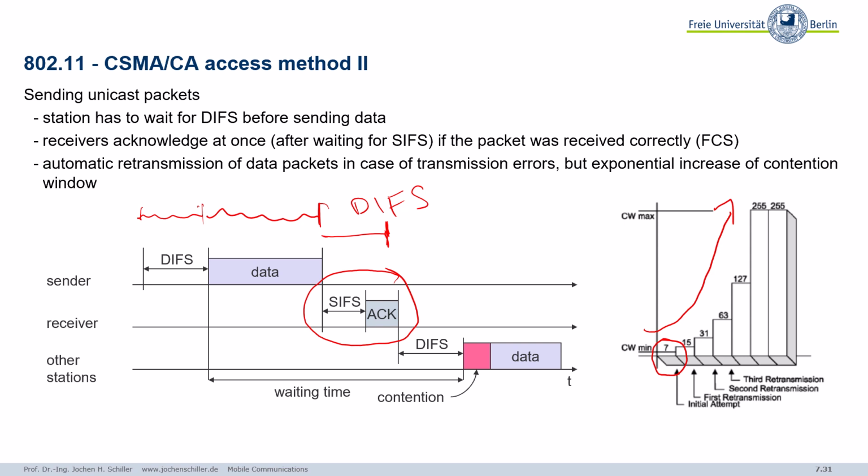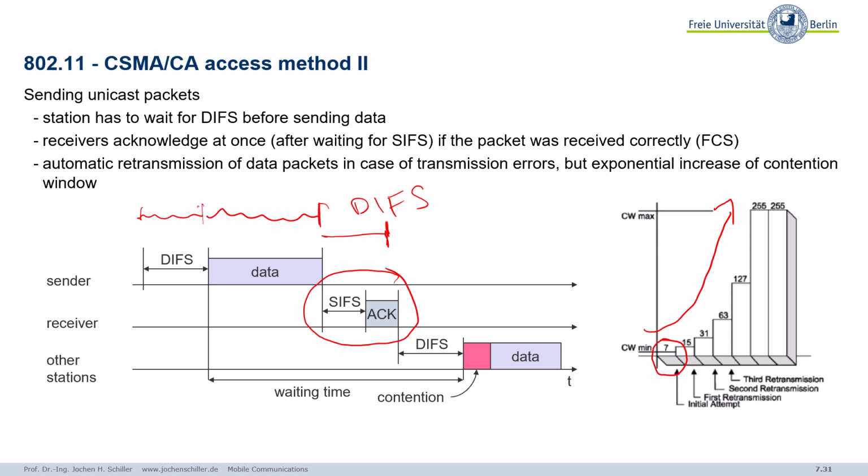If there was an error in the transmission, so you have to retransmit, you double the size of the window. So you pick between 0 and 15. And then again you double it for the second retransmission. Again you double it for the third retransmission. You double it again, and then there's an upper limit.